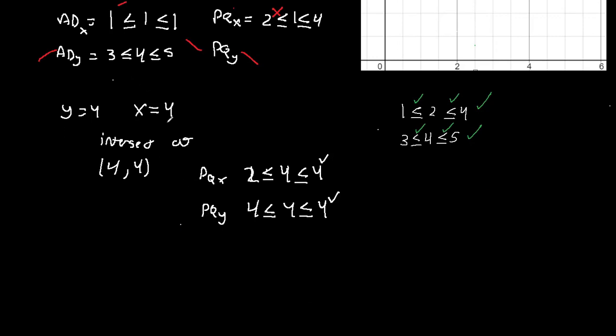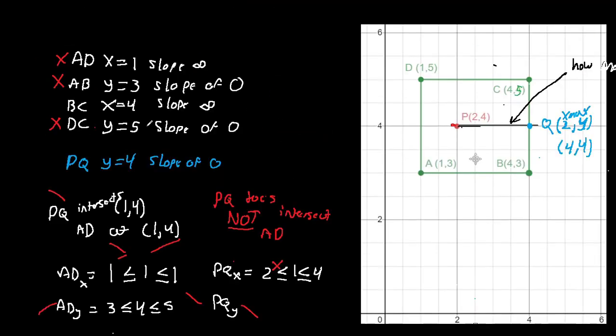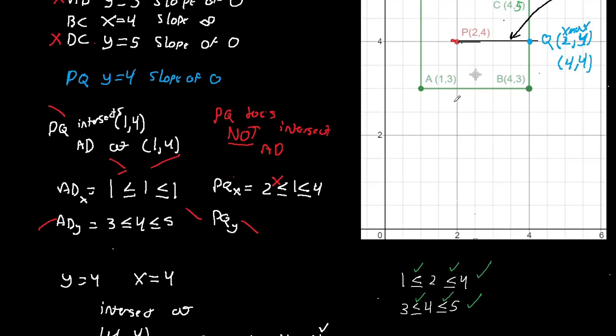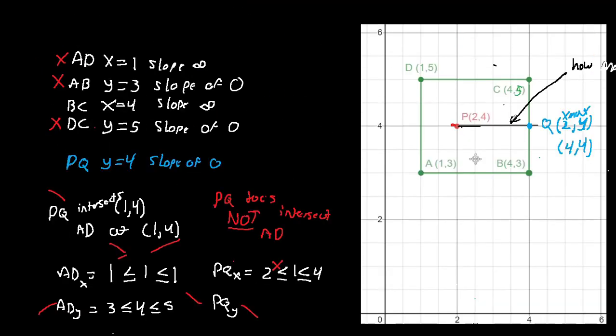So PQ checks out, and then now we can check the other line that we're working with, which is the line x equals 4, which is BC. So we can do BCX and BCY. So the x coordinate of BC, just to scroll back up here, I know it's going around a lot, in the x direction it goes from 4 to 4.